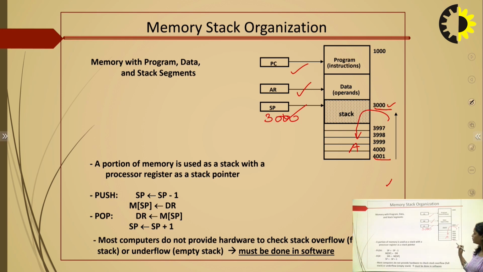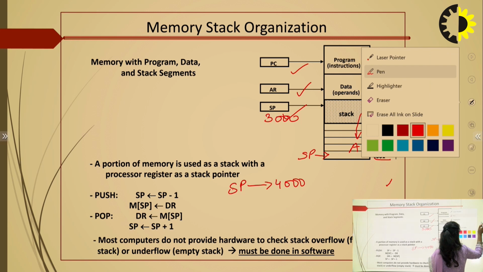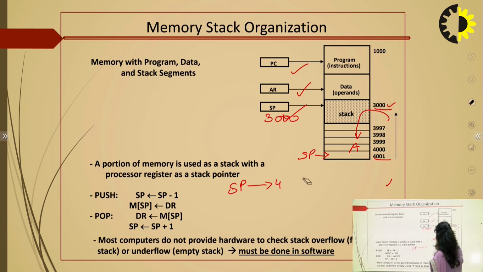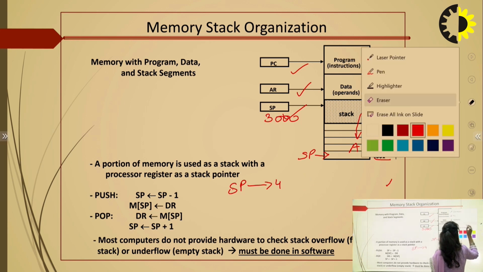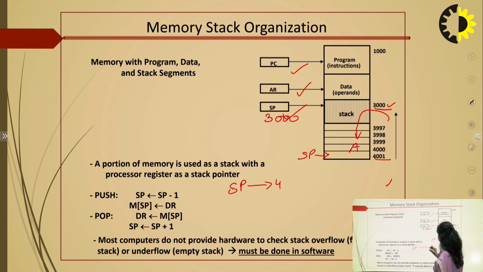So what I have to do is decrement. Suppose this stack pointer is currently pointing to this location. So the content of the stack pointer will be 4001 right now, the top of the stack.